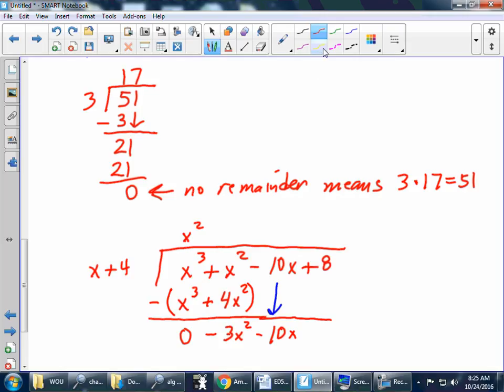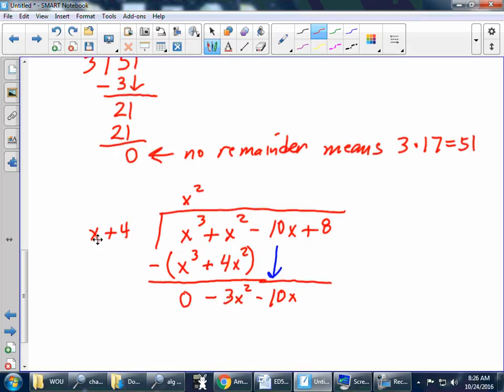Now, we're looking at what number times x is going to give me negative 3x squared. So we go minus 3x. Okay, so again, I'm going to go minus 3x times x is minus 3x squared.